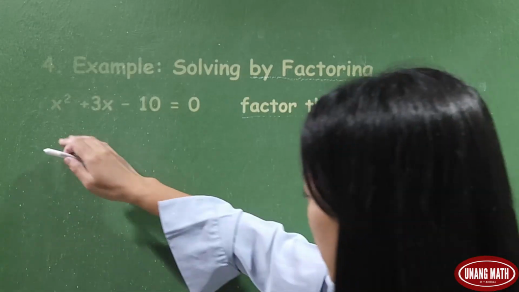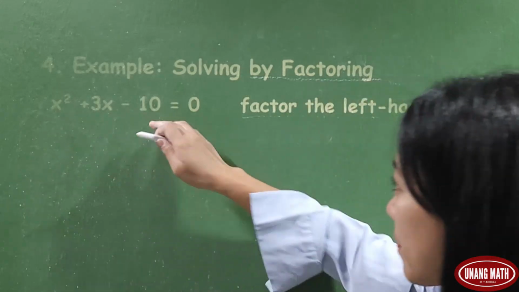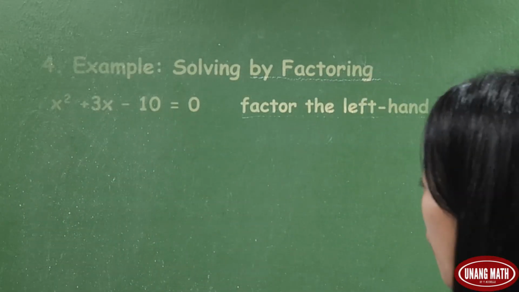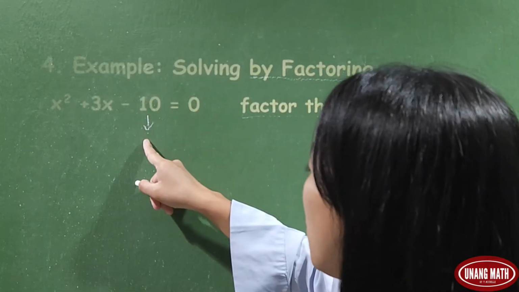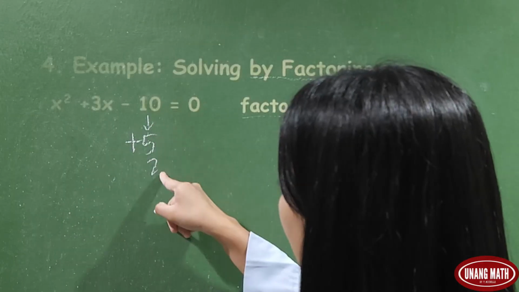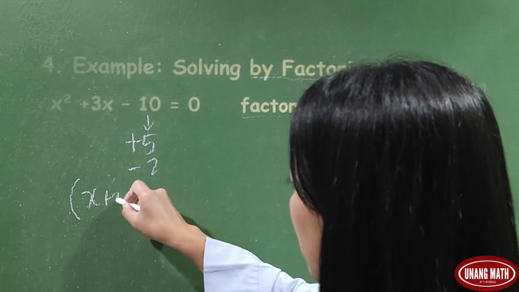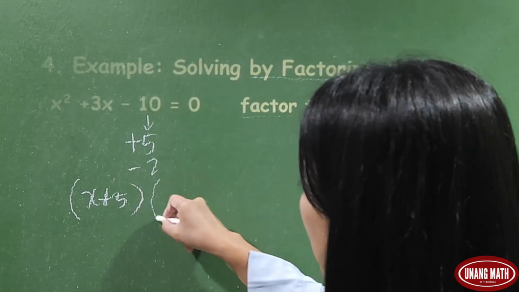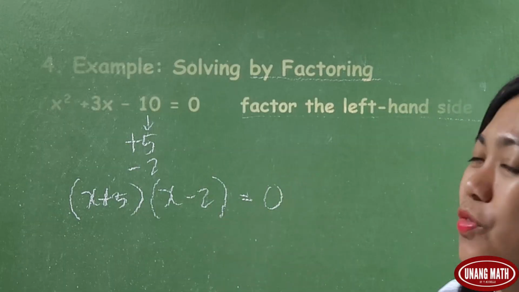This refers to the expression x squared plus 3x minus 10, or this trinomial. To factor this trinomial, this is 10, so we will consider 5 and 2. Positive 3, so this is 5, and this is negative 2. So the factors are x plus 5 times x minus 2, and this is equal to 0.